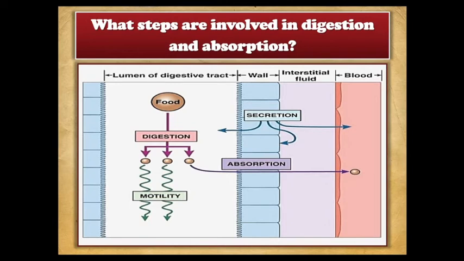So malabsorption constitutes the pathological interference with the normal physiological sequence of digestion, which means the intraluminal process, absorption, which means the mucosal process, and transportation, which means the post-mucosal events of the nutrients.